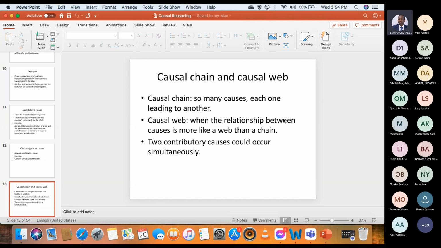Then we have causal chain and causal web. Causal chain is when there are so many causes, each one leading to another. When there is a chain of causes, from one cause to the other, and then to the other, and so on. That's a causal chain. And a causal web is when the relationship between causes is more like a web.